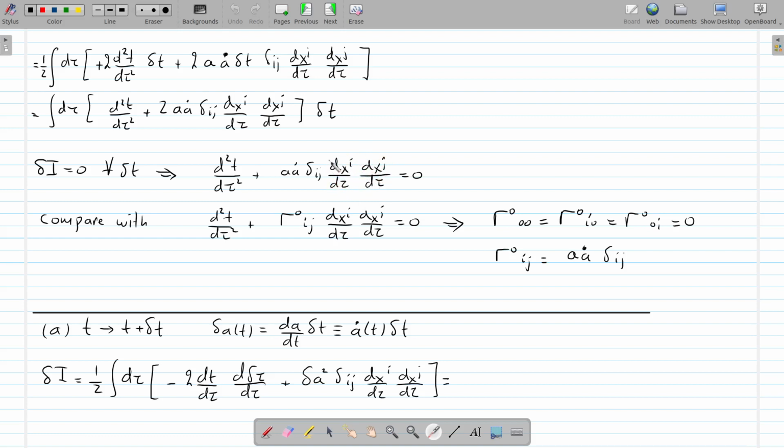There are no dt terms here. So all the Christoffel symbols involving time vanish. The only non-zero terms are the ij terms, and they are equal to a dot, coming from the comparison of those two equations.